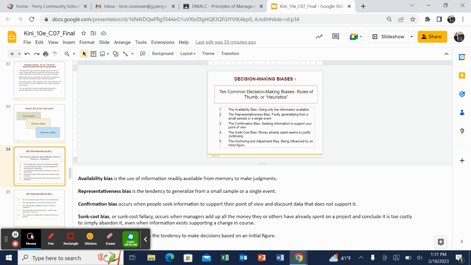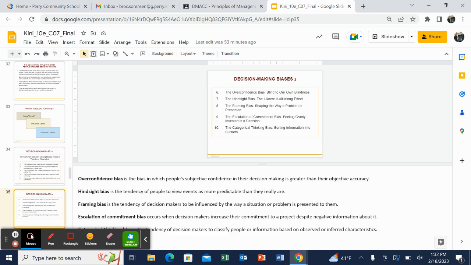And then we have the anchoring and adjustment bias. So that's being influenced by an initial figure. So it's a tendency to make decisions based off of an initial dollar figure in terms of cost or maybe potential profit. So we anchor ourselves to that decision.